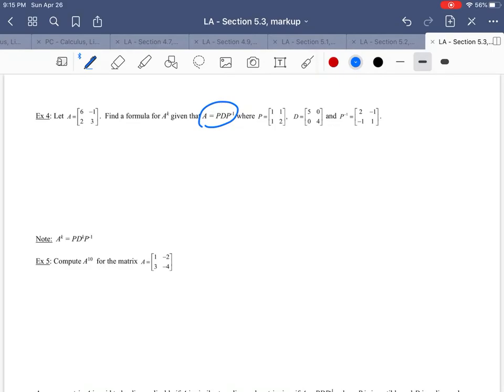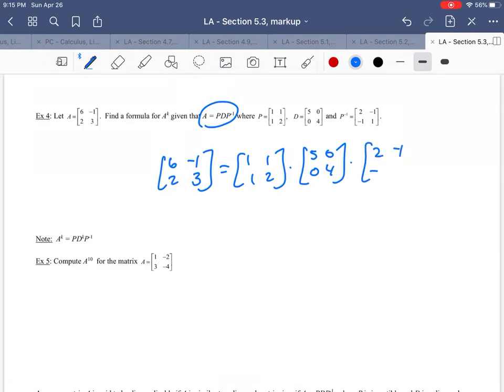So I have right now that 6, 2, -1, 3 is equal to 1, 1, 1, 2 times D, which is 5, 0, 0, 4, times P inverse, which is 2, -1, -1, 1. So it turns out that if you want, just like we did in the first example over there, if you want to put a power on this, all you have to do is put a power on here.